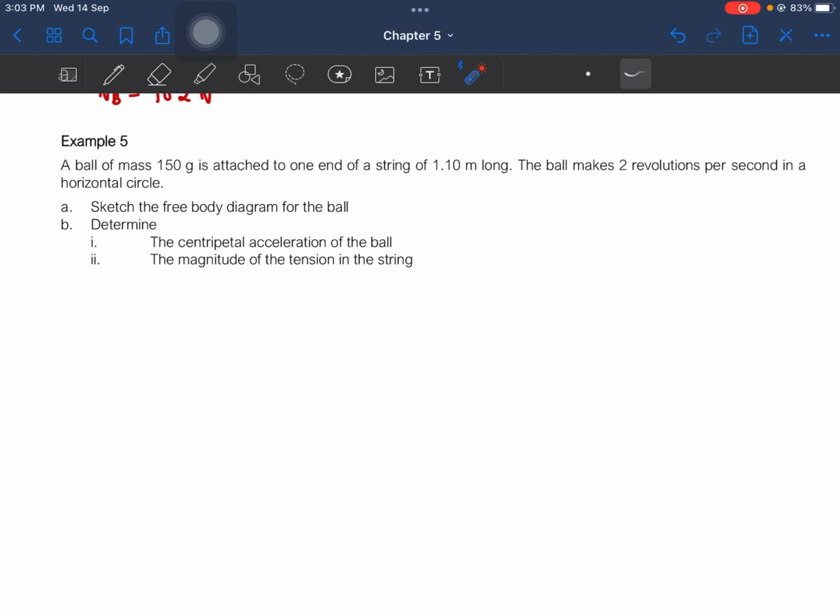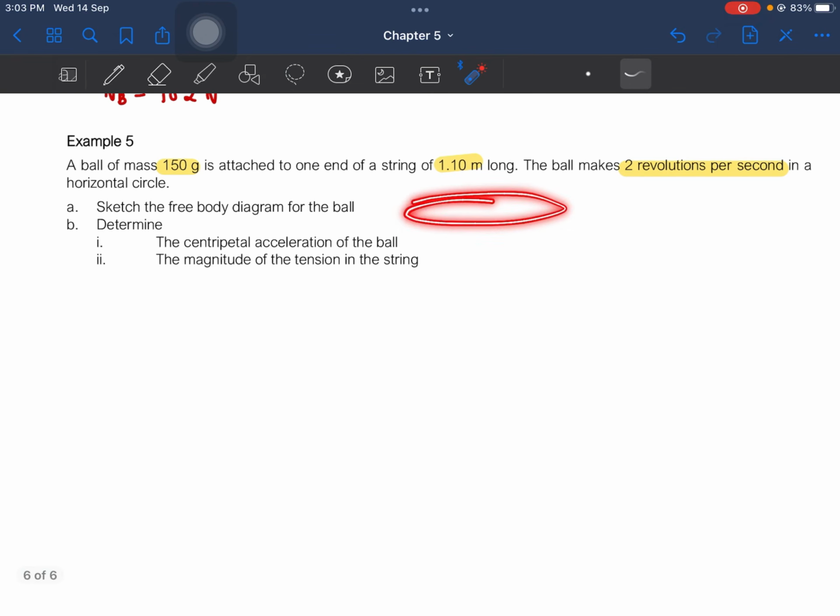Right, example 5, our last example for this chapter. A ball of mass 150 gram is attached to one end of a string of 1.1 meter long. The ball makes 2 revolutions per second in a horizontal circle. So the ball is making a horizontal circle macam ni lah. And then we have to draw a free body diagram.